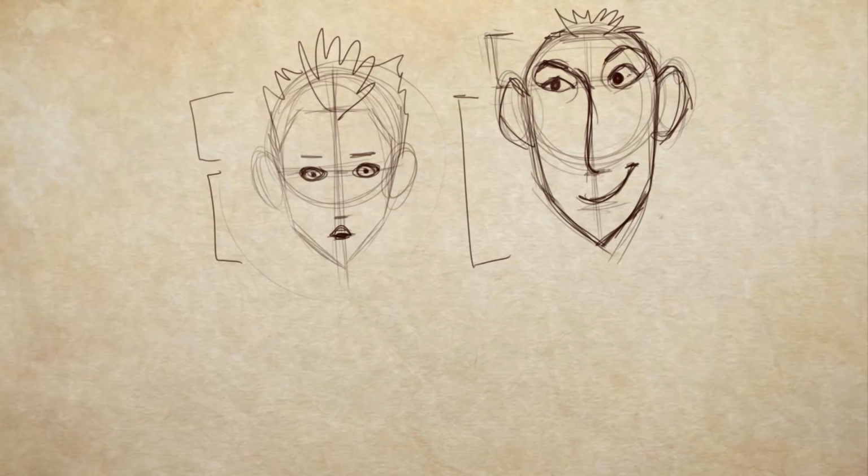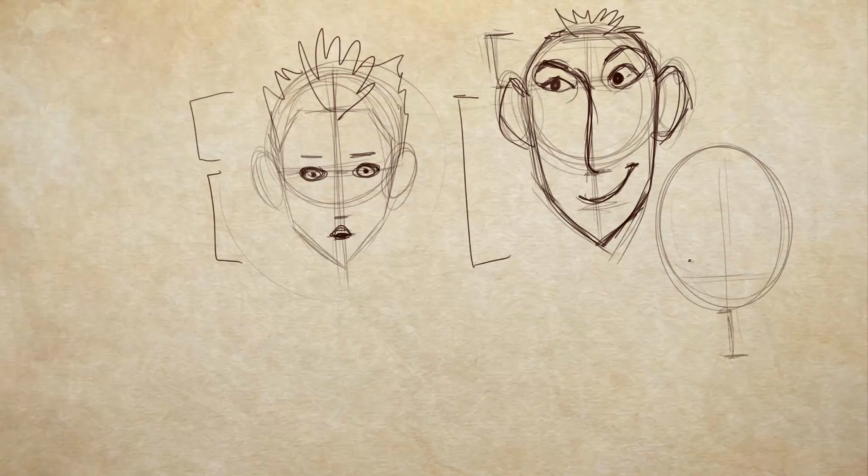So here we had a tiny space from the top of the head to the eyes, and a big space from the eyes to the chin. So let's just reverse that and make it very small from the nose to the chin and push the eyes lower.